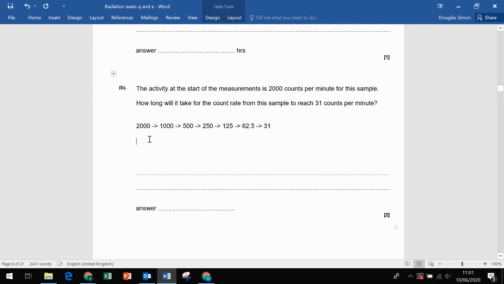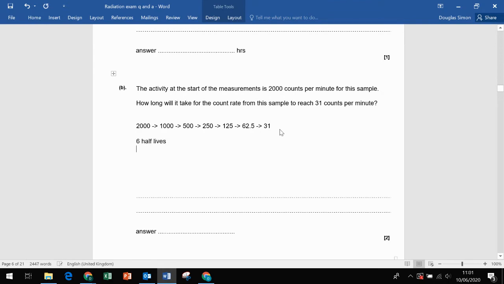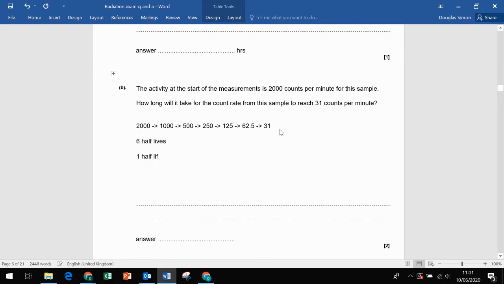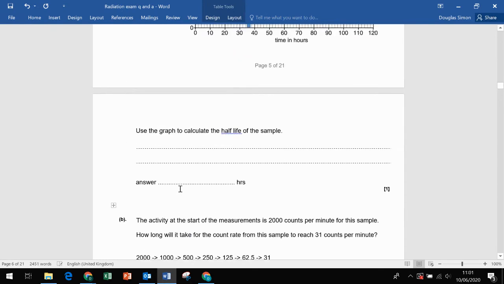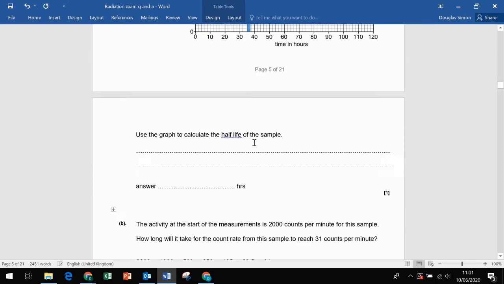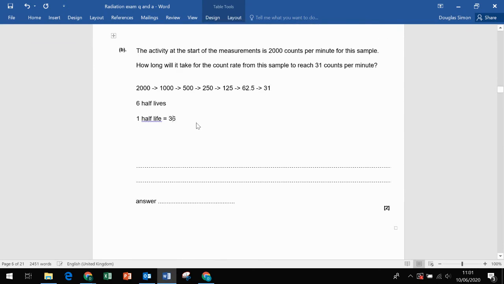So how many half-lives is this? We've got 1 half-life, 2 half-lives, 3 half-lives, 4 half-lives, 5 half-lives, 6 half-lives. So this is 6 half-lives. 1 half-life is, what have we just worked out from the previous question? We worked out it was 36 hours.